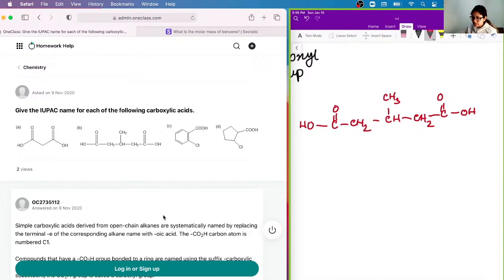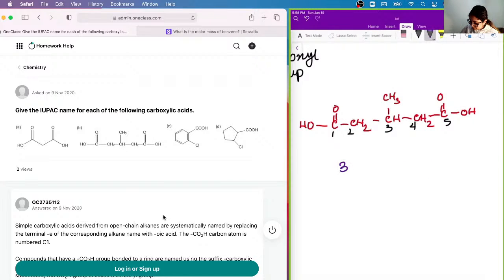And so we can name this by numbering our carbons here. 1, 2, 3, 4, 5. So this is our longest chain, right? We have a methyl substituent, and we have 2 carboxylic acids.